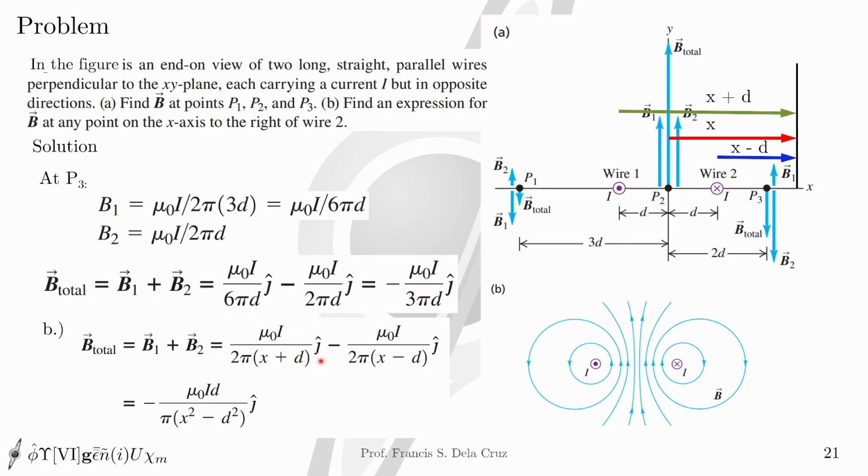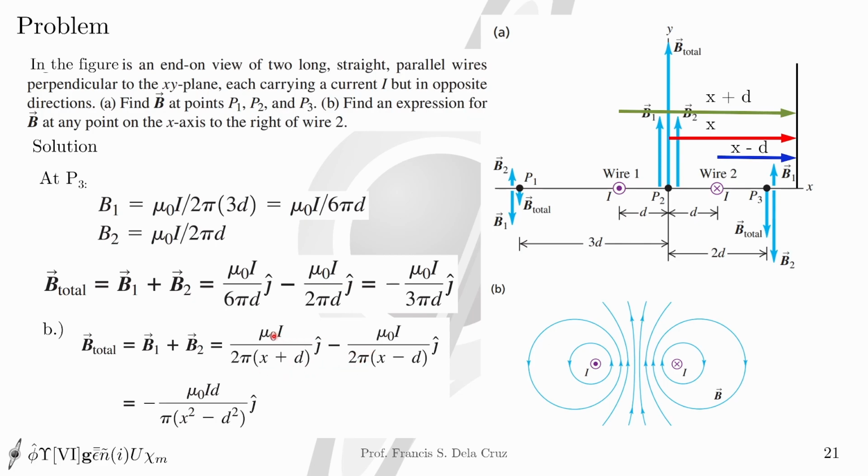So take note that you have mu naught I times (x minus d) at the numerator, minus mu naught I (x plus d). So you have plus d and minus d, they will be cancelled because they are similar terms of opposite sign.